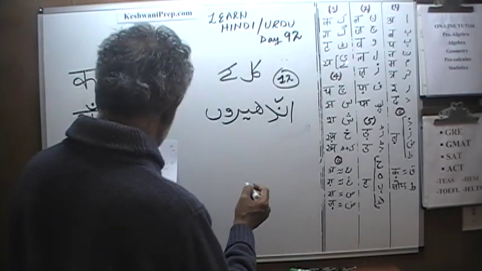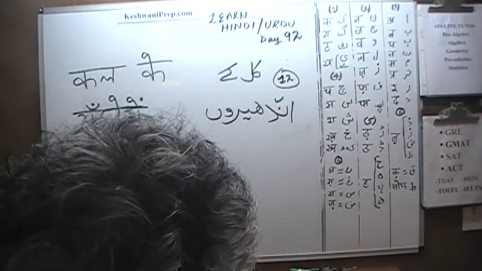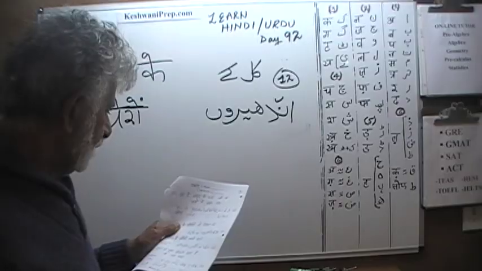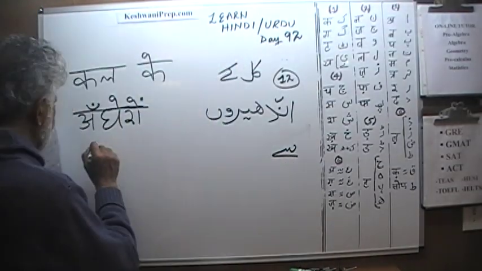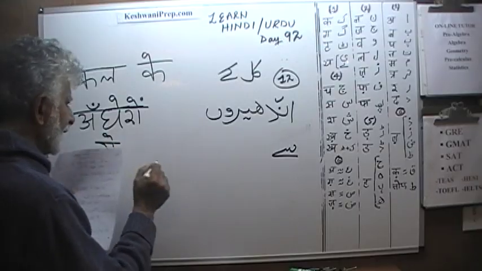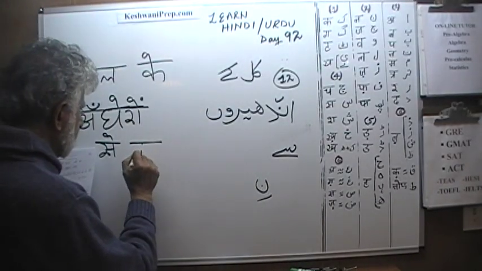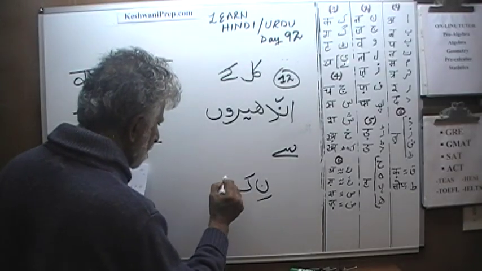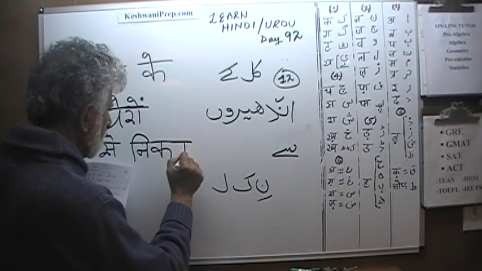कल के अंधेरों से, निकलकर: नी, छोटी की मात्रा क ल, nikal.